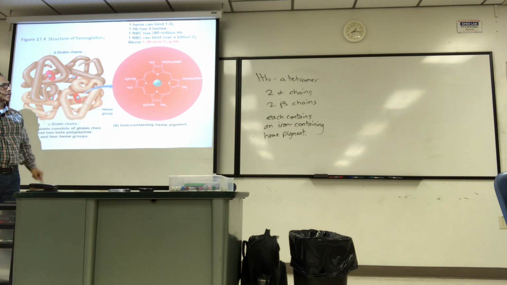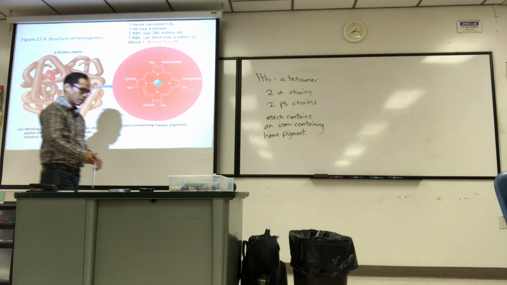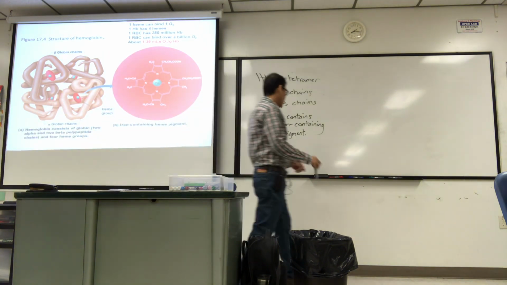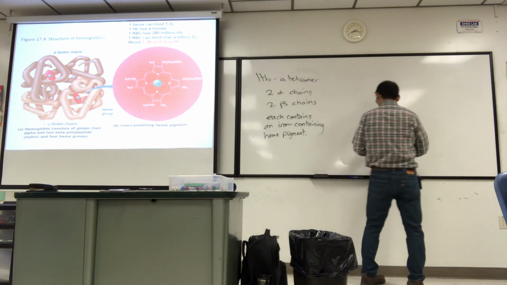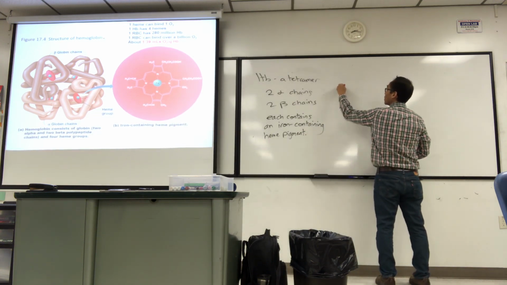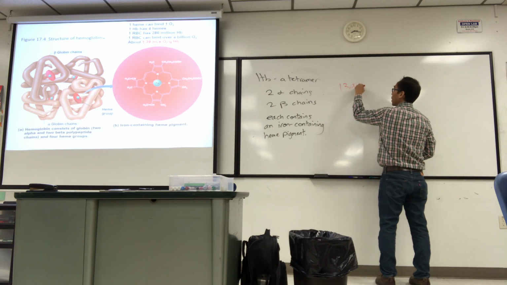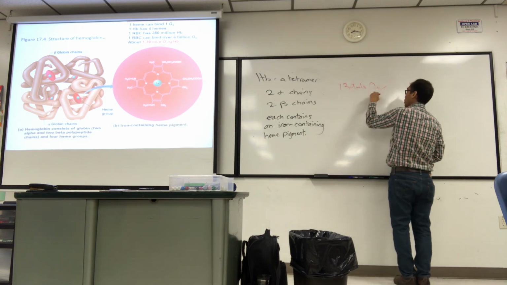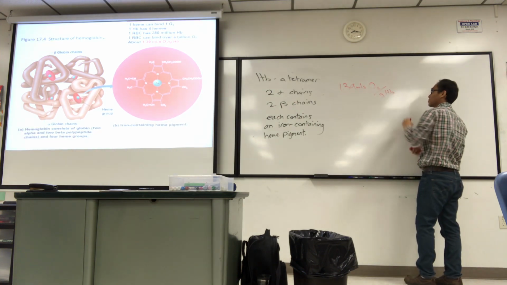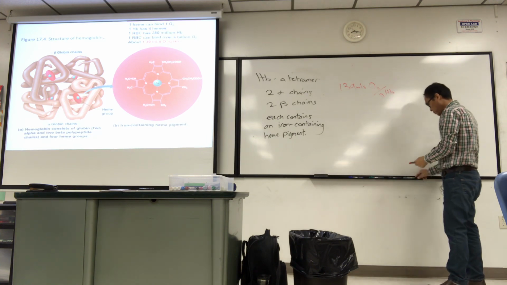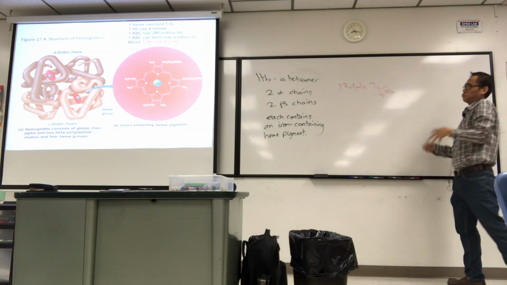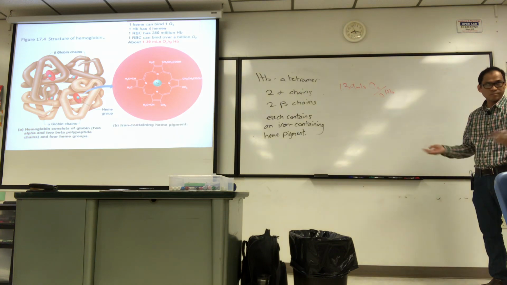That's the oxygen carrying capacity of hemoglobin: 1.39 mL O2 per gram of Hb. Okay, so per gram. How many grams are in our blood?